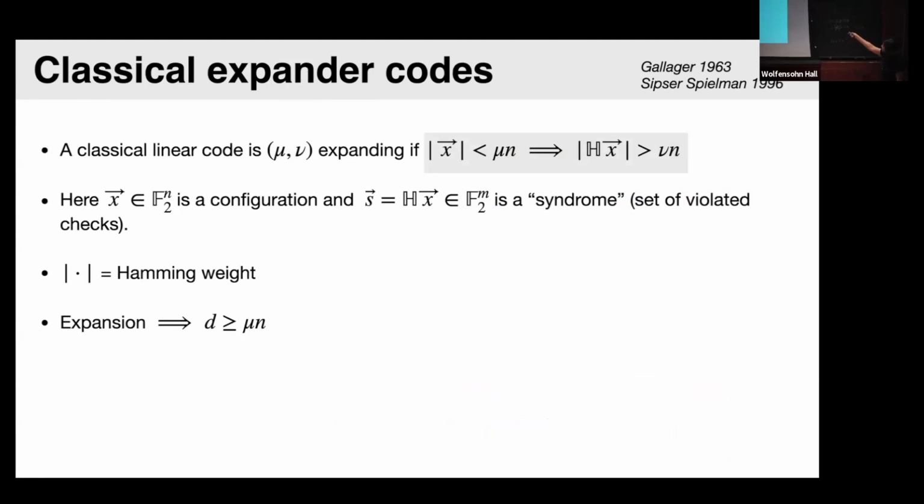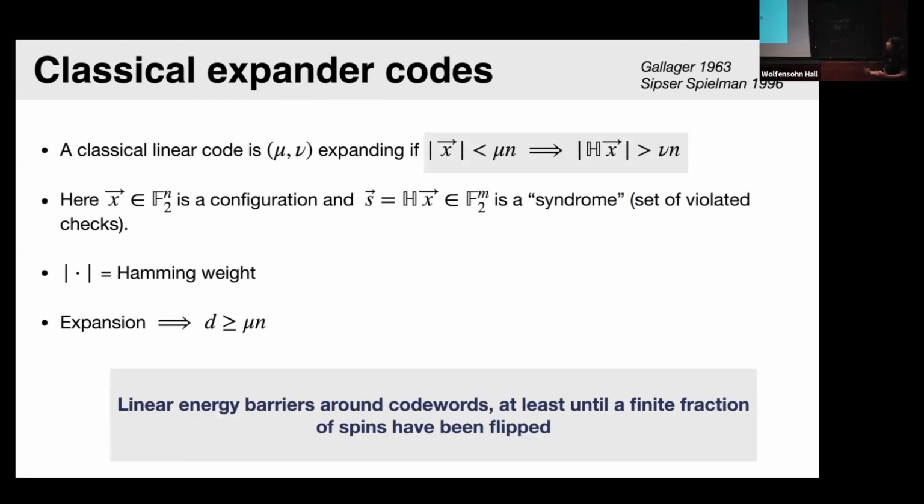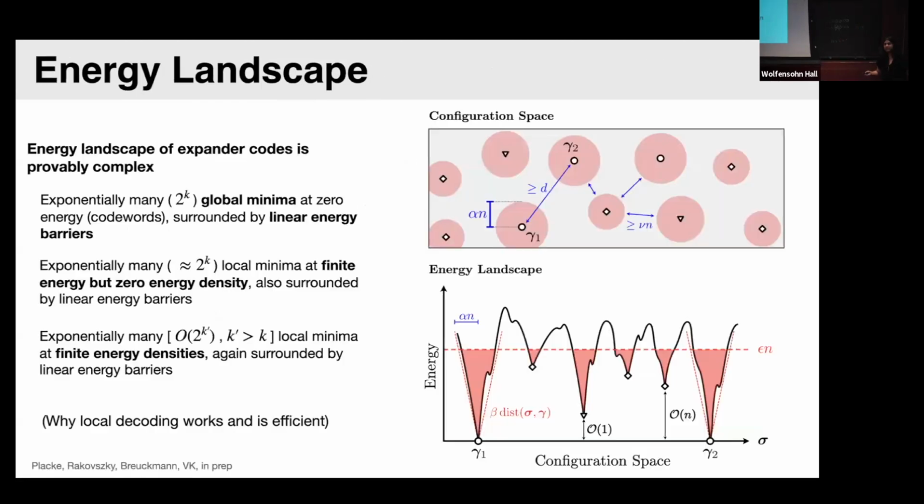Using this type of expansion property, you can actually derive some very striking statements about what the energy landscape looks like in these types of codes. In particular, you can show that from expansion, the energy landscape is provably complex. Your landscape looks like many, many ground states. These are the code words. There's exponentially many such ground states because we have a finite code rate.